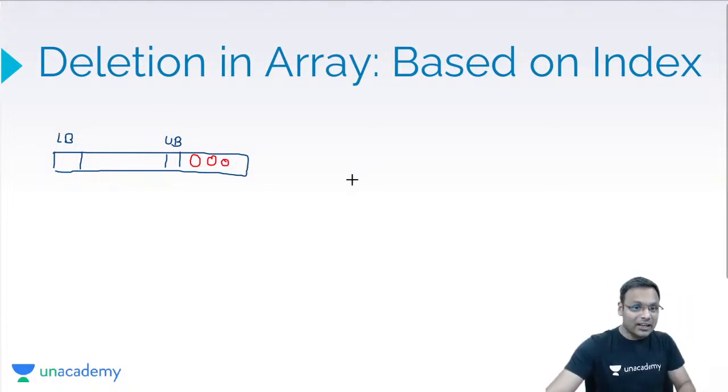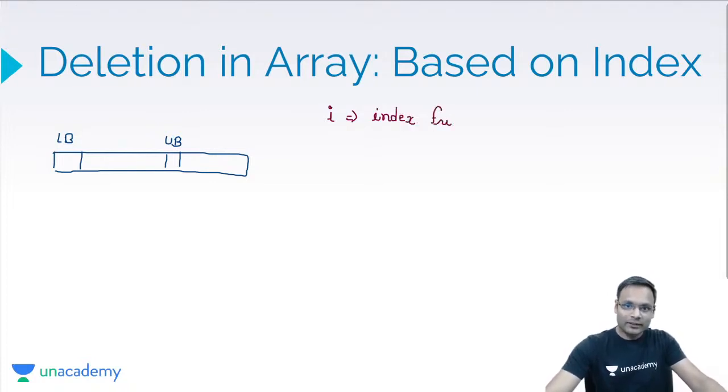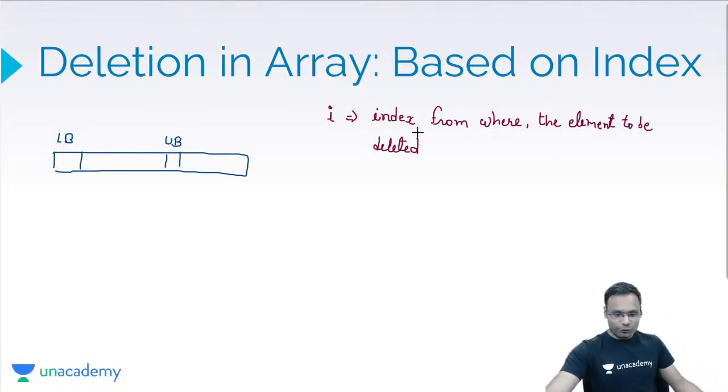So if index based deletion is to happen, index I is the index from where the element is to be deleted. Then it should be between which values?